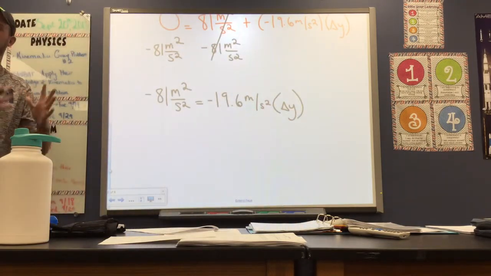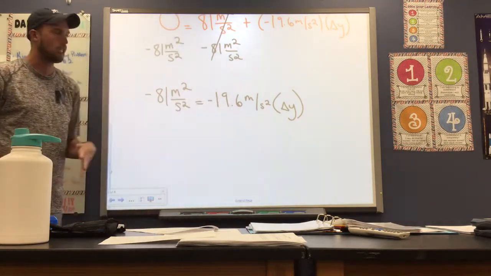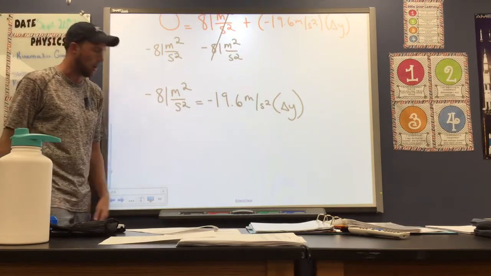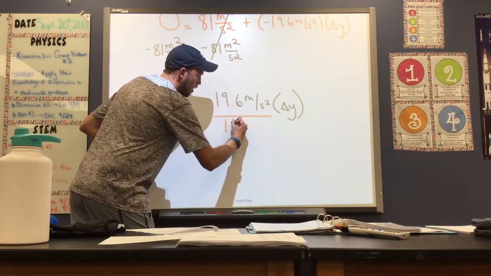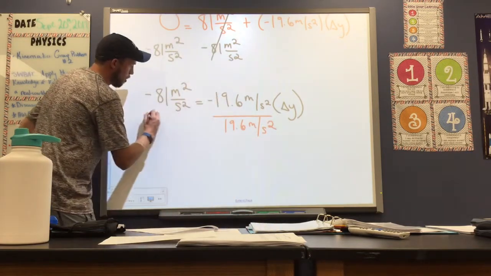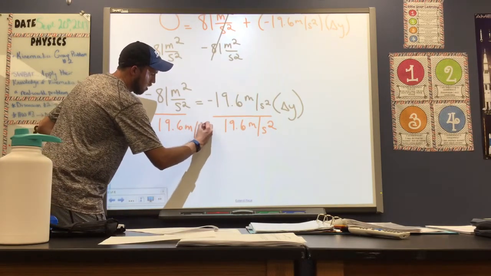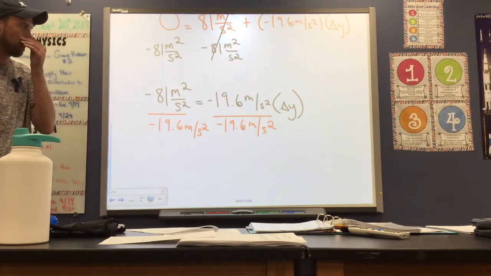Now once I'm here, I know we've done a lot of work to get here. Now I can simply divide by 19.6 meters per second squared to get to my delta y. So let's do that. I'm going to divide by 19.6 meters per second squared on both sides of my equation. Make sure we are dividing by a negative. That's going to be very important here.